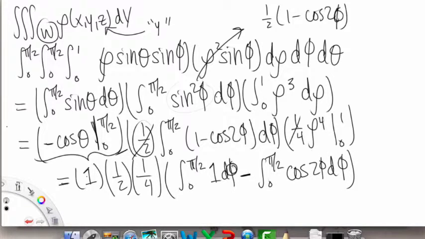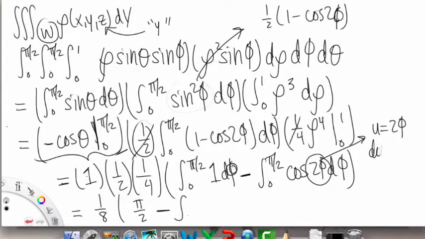Okay, so this is what we're left with, and in front we have a positive 1 over 8, right? And then this is just pi over 2 minus 0, so just pi over 2. And then minus this last integral that we have to deal with here, and we'll do u substitution. So u equals 2 phi, du equals 2 d phi.